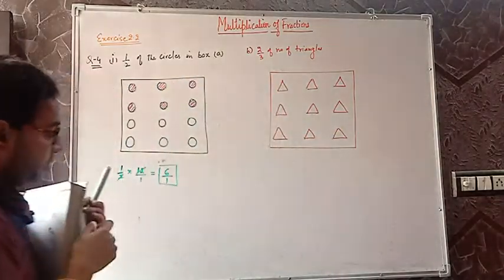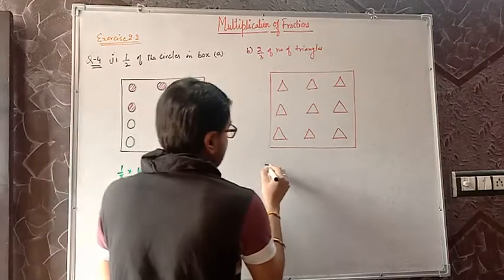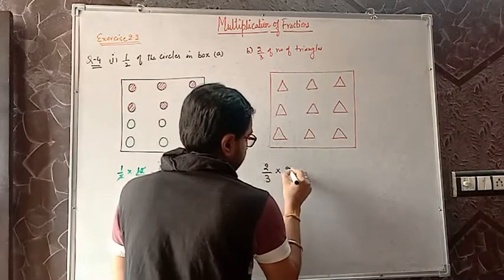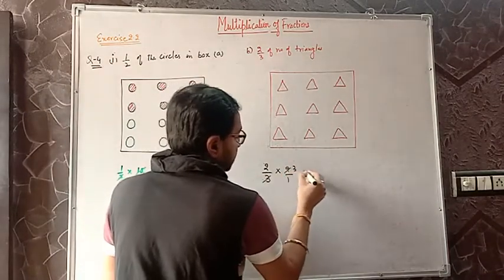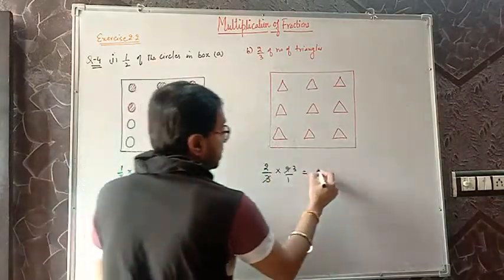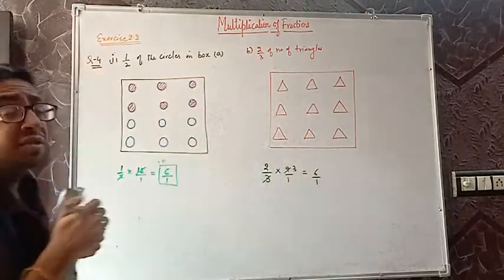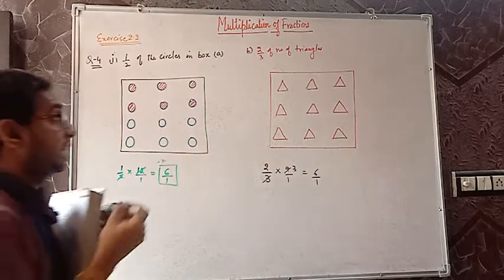Therefore, 2 by 3 means how many are there in total? 9, 3 threes are 9. 2 threes are 6. So 6 we have to shade. Let's shade them.